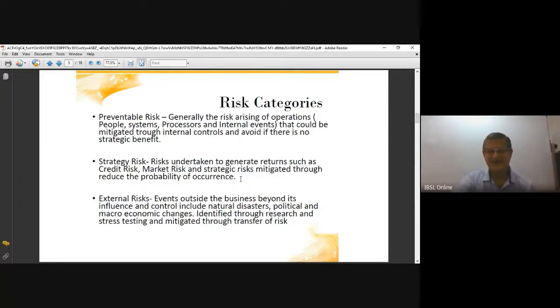So mainly we are concentrating on this type of risk where you're trying to make money, but due to certain risk in that particular transaction, your objective of achieving profit, what we anticipated at the beginning, may not arise.